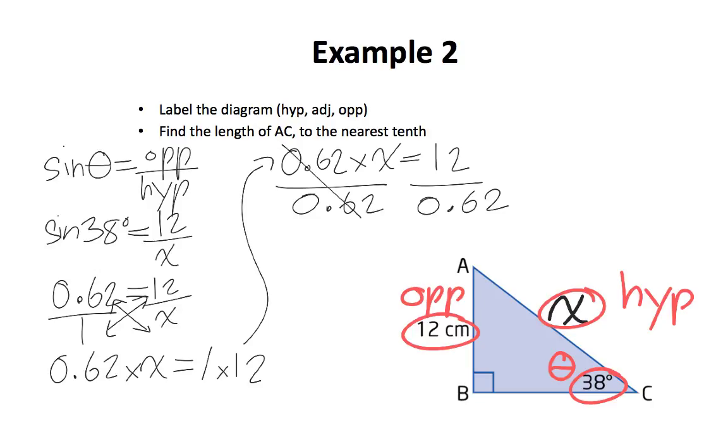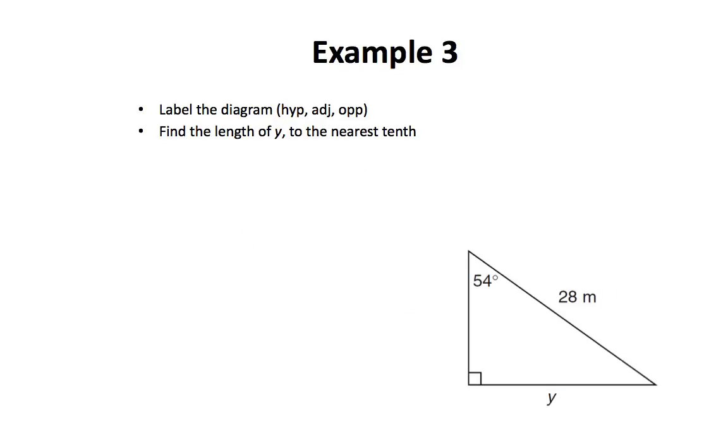This cancels out, and you're left with an x, and you need to take 12 and divide it by 0.62 in your calculator. That is going to be equal to approximately 19.4. Let's write a concluding statement. Therefore, x is about 19.4 centimeters.